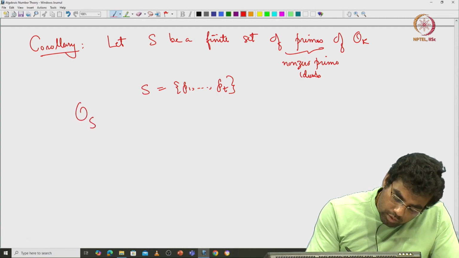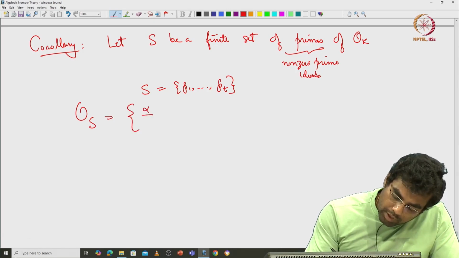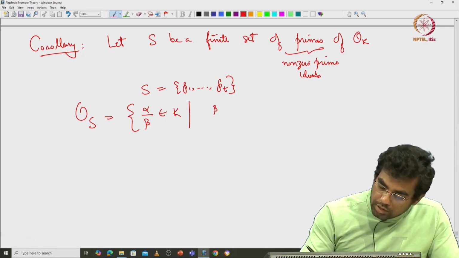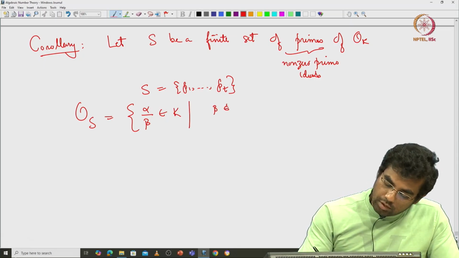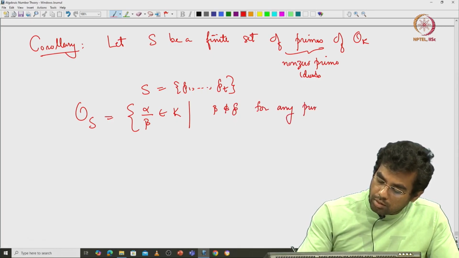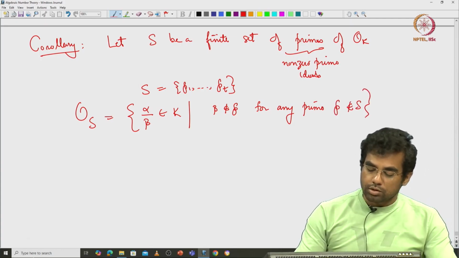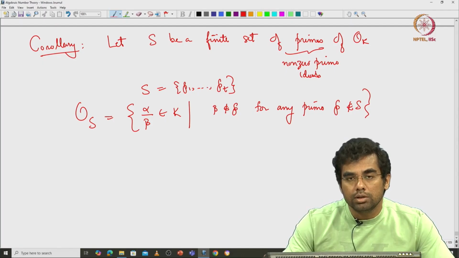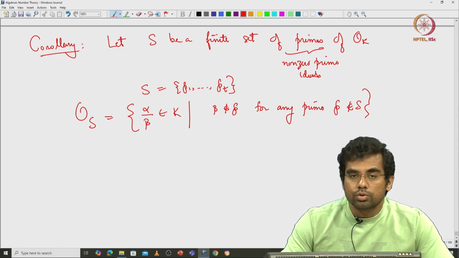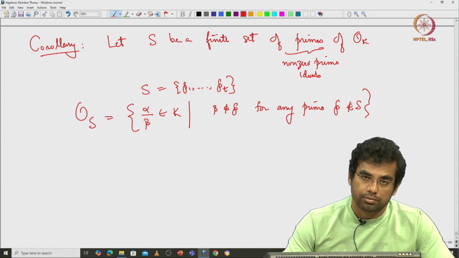Then I define O_S to be the following: all α/β in K such that β does not belong to P for any prime P not in S. So the only things that can appear in the denominator are elements whose ideal contains only P1 up to Pt in the prime factorization.